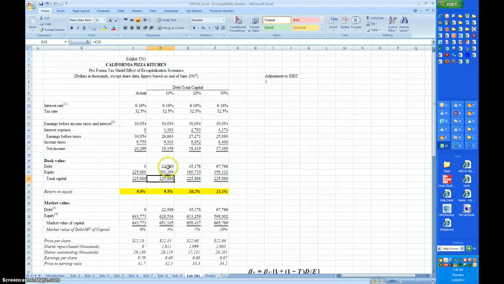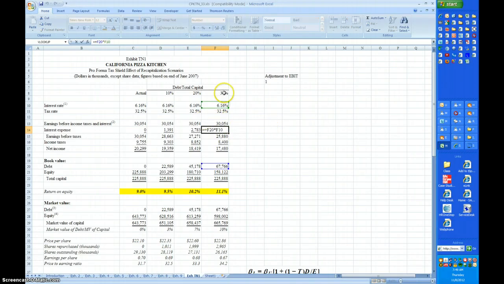And since there is a smaller amount of equity that the income is being divided into, the ROI goes up, return on equity goes up. However, income does get smaller because of interest expense, and that happens throughout. So the more debt they raise, or the money they borrow from the bank, the higher the interest expense.